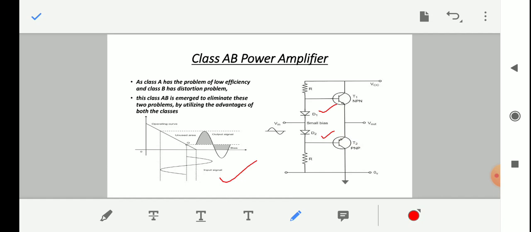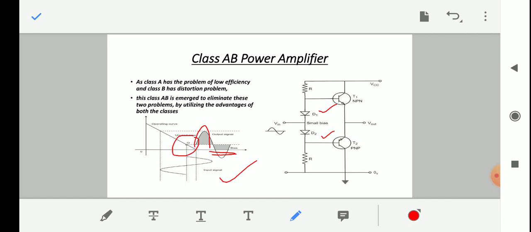Here we can see that the Q point is near the horizontal axis, and it is adjusted in such a way that the output is obtained for more than a half cycle of the input signal.